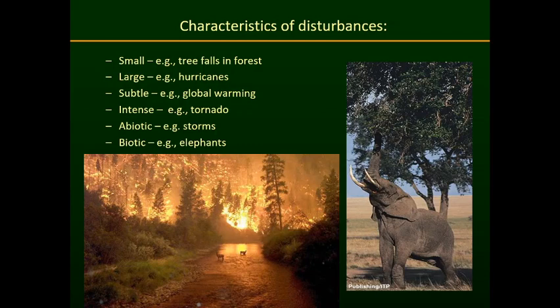I need to revise this. Ten years ago or so, when I made this slide, I said global warming was a subtle example of an ecological disturbance. But now we've got so many different types of dramatic impacts from global warming that this isn't the best example.